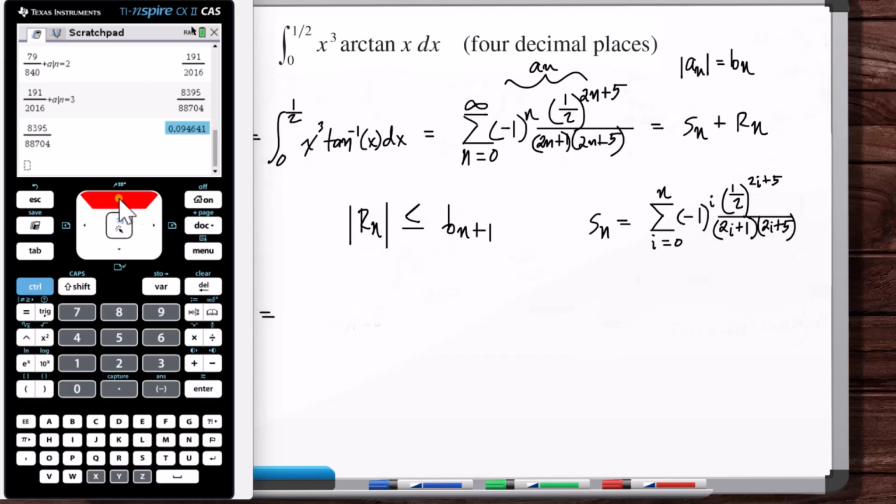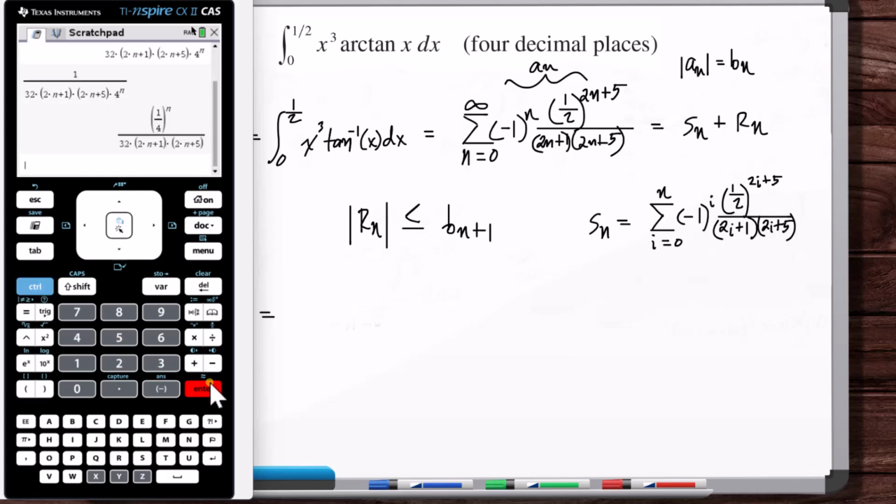Okay, so that's not right. Let me type this in again here. So, okay, 2 to the 2 times n plus 5, times 2 times n plus 1, times 2 times n plus 5, then 1 over all of that.